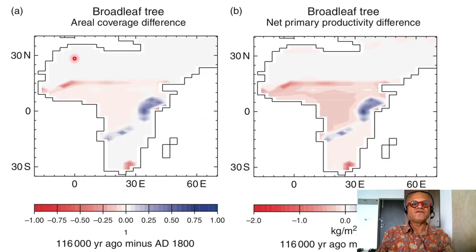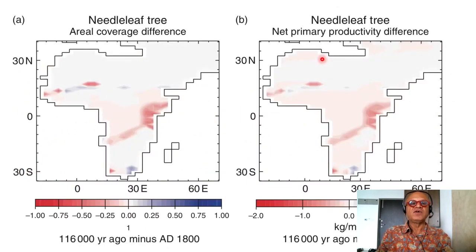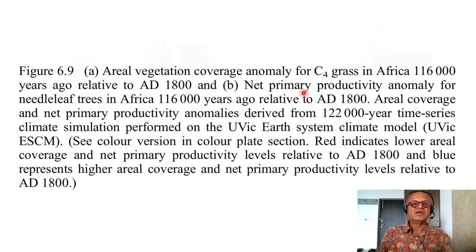So broadleaf is basically not present here, or is similar to the current aerial coverage, but you can see there is no net primary productivity either, whereas needleleaf in a dry region would have had more distribution, and there are small perturbations to it in terms of aerial coverage difference and primary productivity difference.